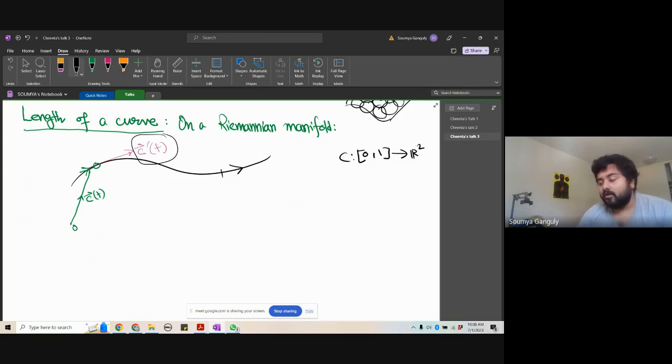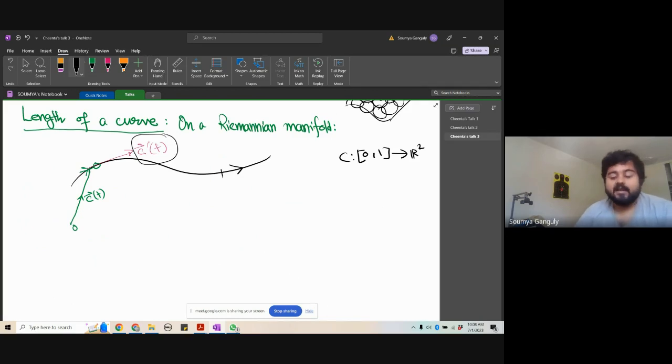Tangent to the curve is also part of the tangent to R2 because the curve is in R2. So whenever we talk about the velocity of a curve, this C prime of t lives in the tangent space of the ambient manifold in which the curve is sitting.